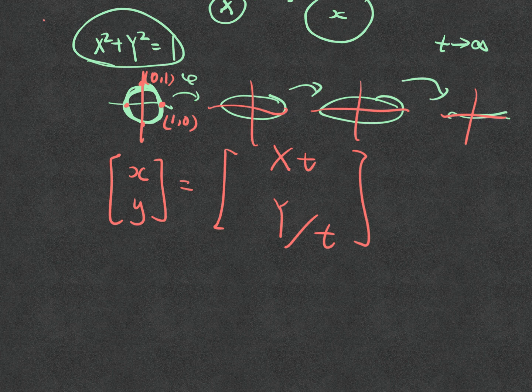Isn't it? Okay, so what happened to the 0, 1 point? So 0, 1 means x equals 0, y equals 1, right? Okay, so what will happen to that mapping? For that particular point, the mapping would simply equal what? x would be 0, and y would be equal to 1 divided by t, right?